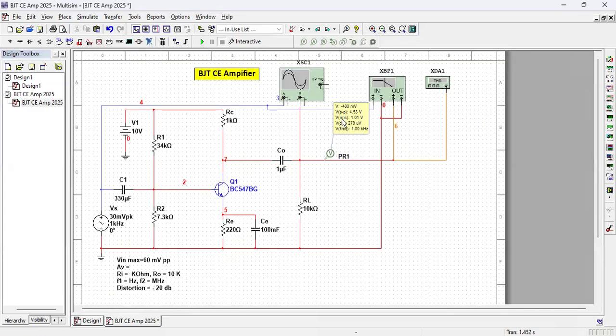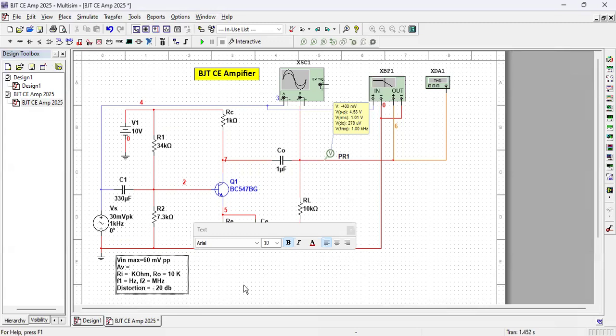So V output is 4.53 volt peak to peak, and V input is 60 millivolt peak to peak.